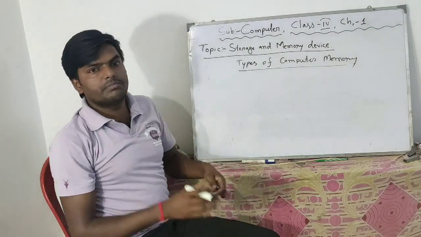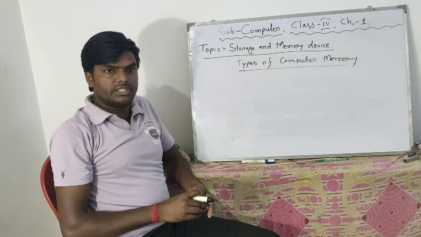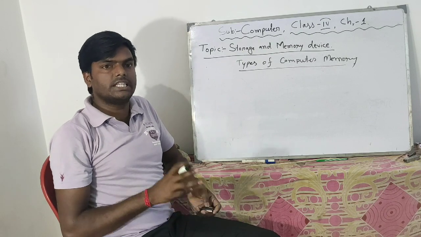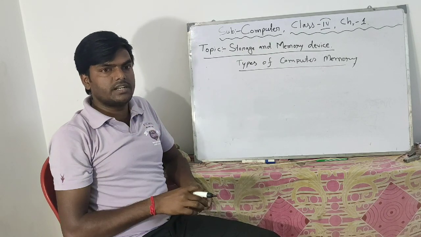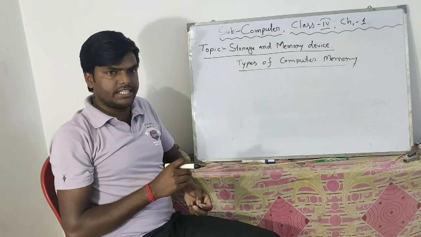Types of computer memory. So there are two types of computer memory: primary memory and secondary memory.